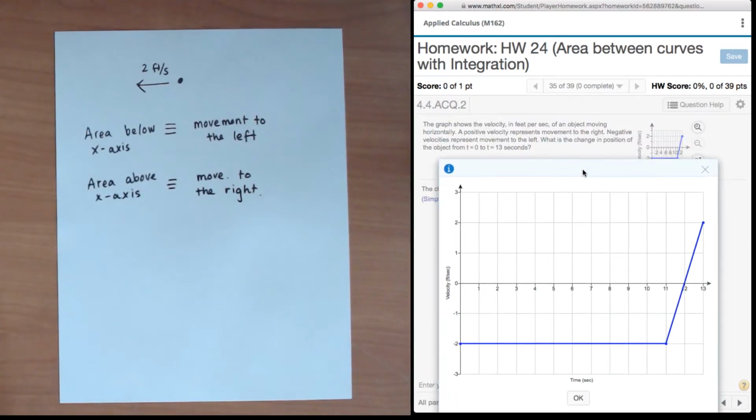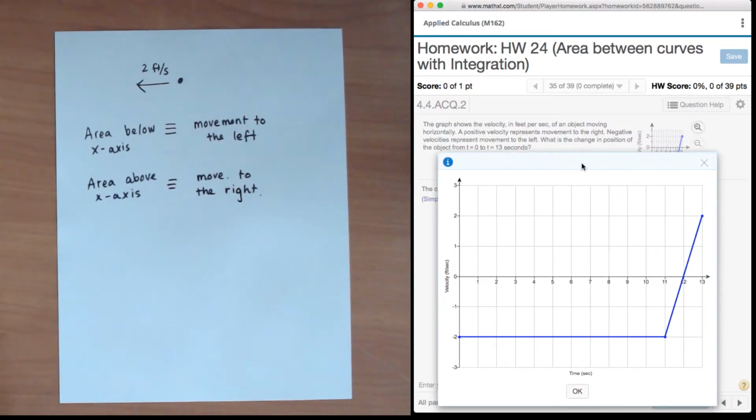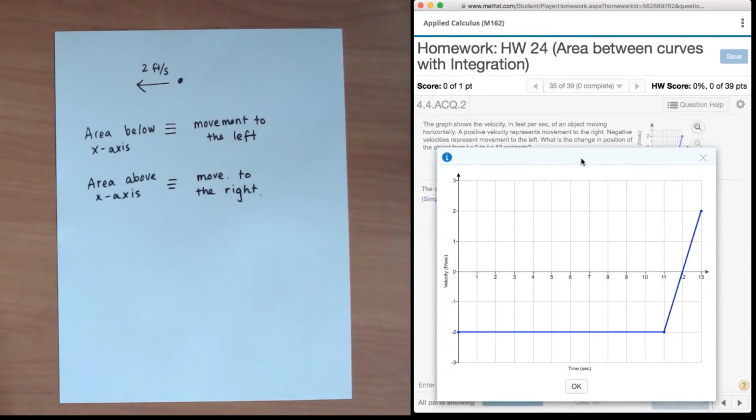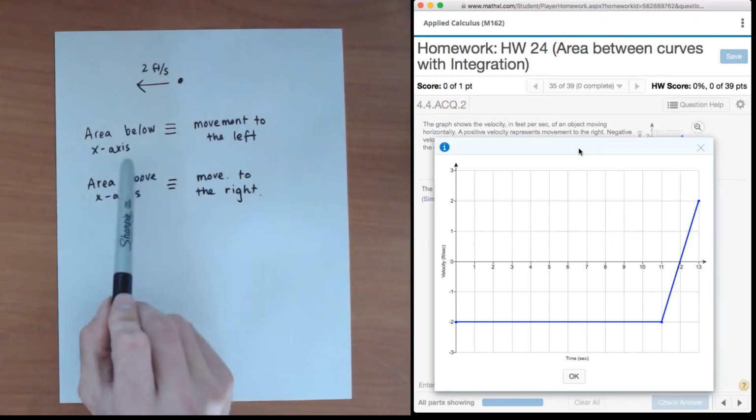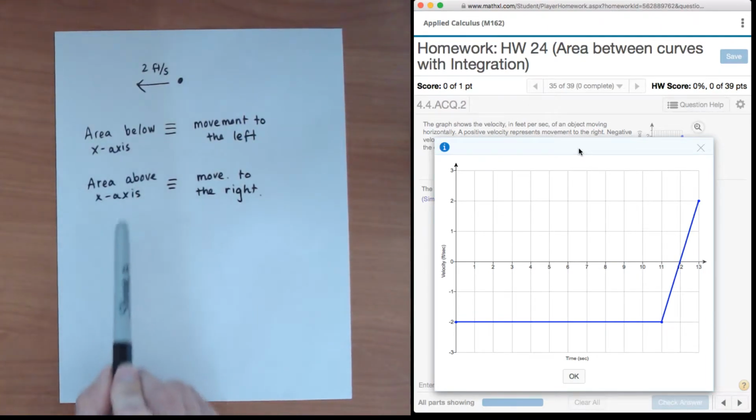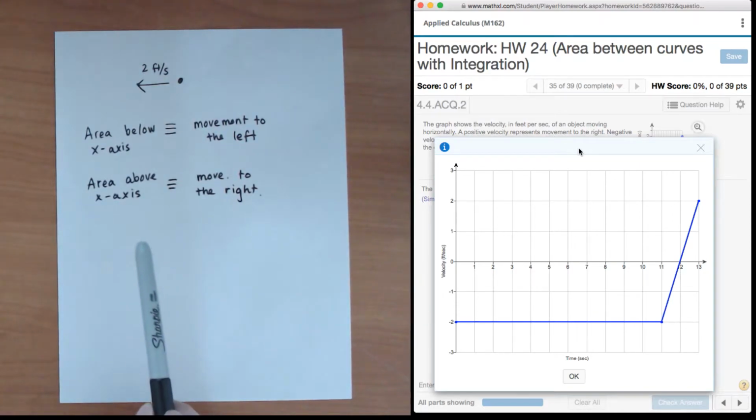So what is the change in position of the object between t equals 0 and t equals 13? Well, you'll find the area below the x-axis, find the area above the x-axis, and then find the difference of the two.